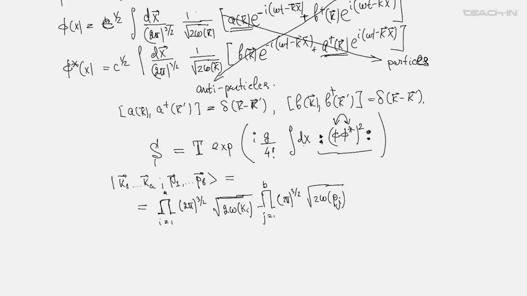So what you see here is a state in the Fock space which contains A particles and B antiparticles, acting on a vacuum.